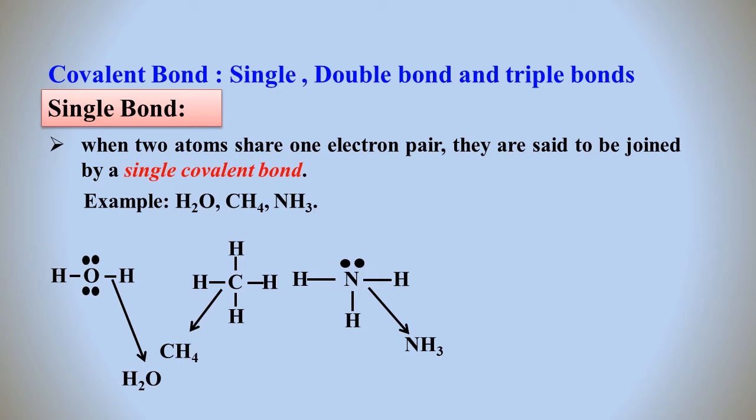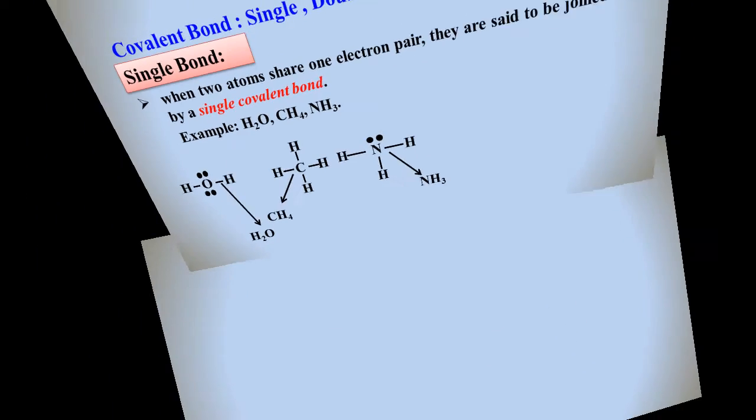We have 2 electrons needed for the oxygen, taken from the 2 hydrogen, and we need 4 electrons taken from 4 hydrogen, and nitrogen in ammonia takes 3 hydrogen to make the sharing of electrons.